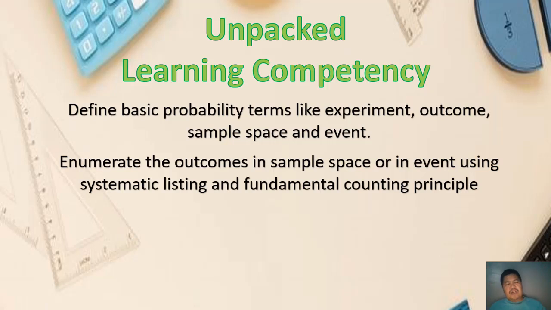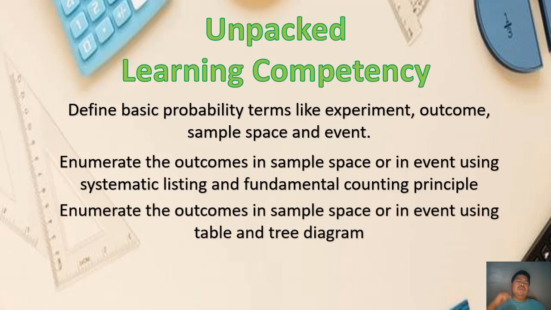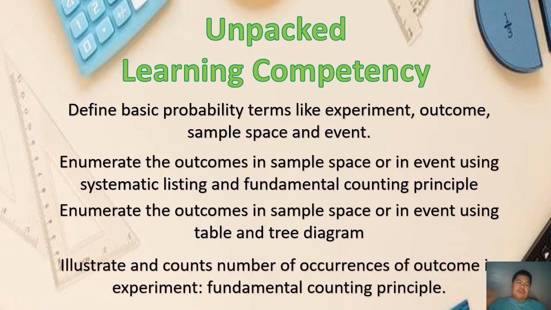And we have to enumerate also the outcomes in sample space or in event using the systematic listing and fundamental counting principle. And especially we need to enumerate the outcomes in sample space or in event using the table and the tree diagram. And especially for the last thing is to illustrate and count number of occurrences of outcome in experiment and fundamental counting principles. So now let's start.